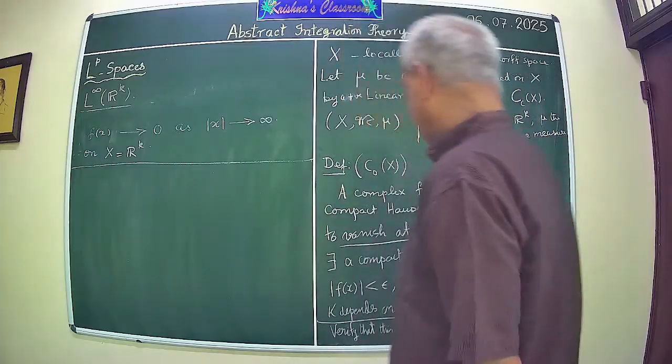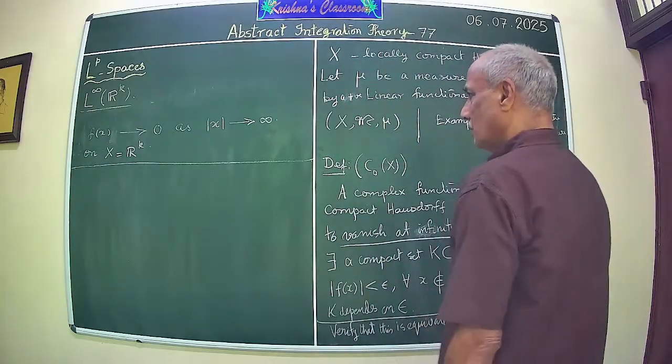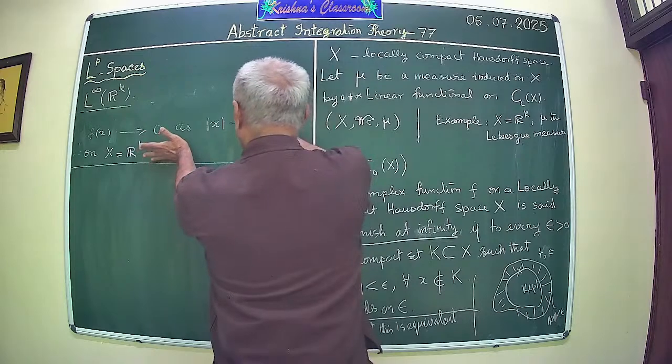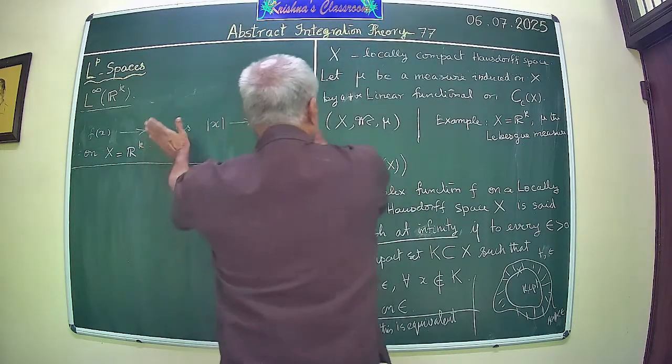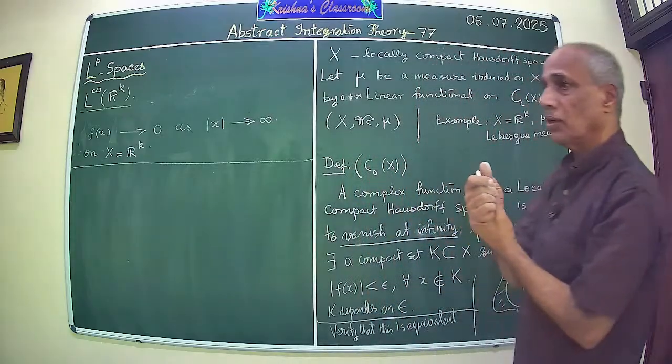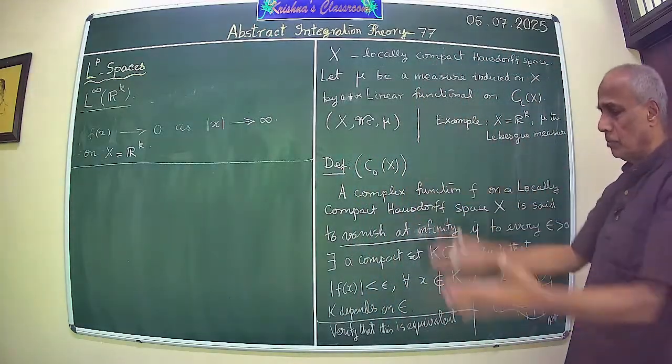Okay, or in other words, what I wanted to say is that you are trying to get the equivalent of this statement on a locally compact Hausdorff space. Then how you have to modify this?